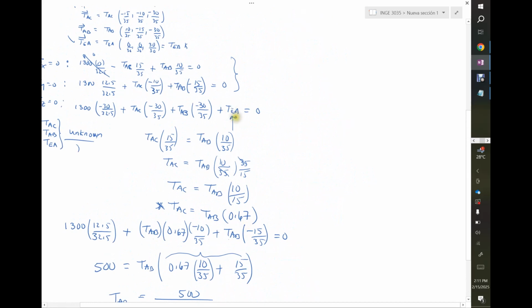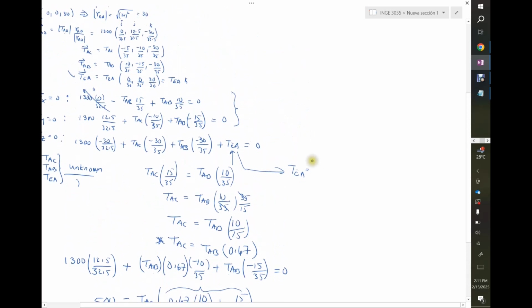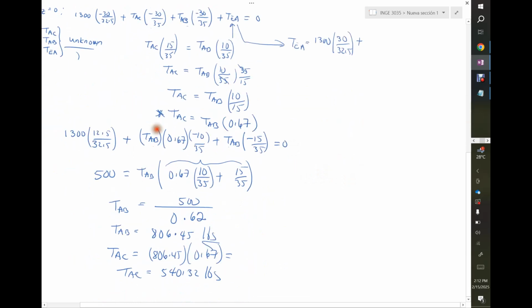So we got two of those forces, and the thing that is left is to resolve for TEA, and that will do. Now this is negative, this is negative, this is negative, meaning if I take that equation, TEA is equal to 1300 times 30 over 32.5 plus TAC. What is TAC?